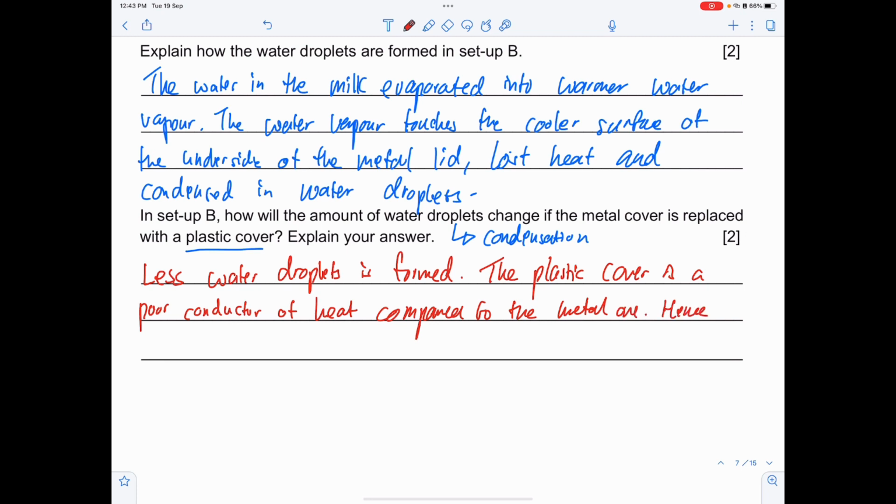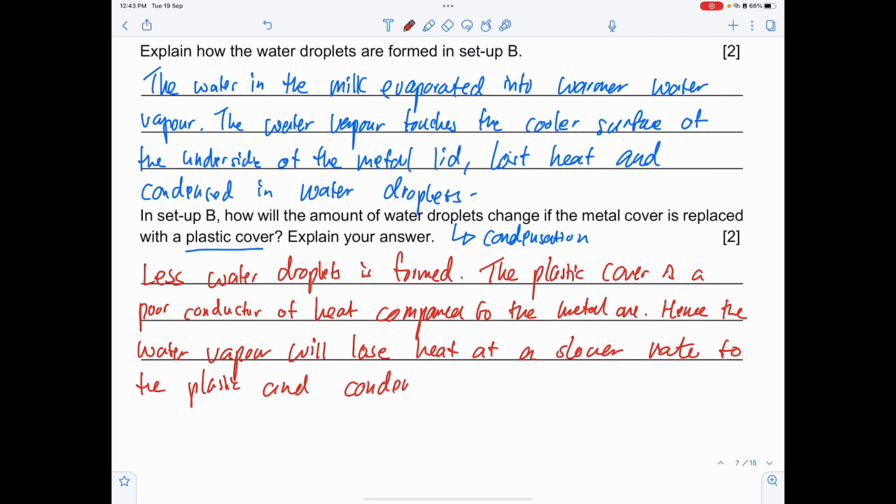Hence, the water vapor will lose heat at a slower rate to the plastic and condense into water droplets at a slow rate.